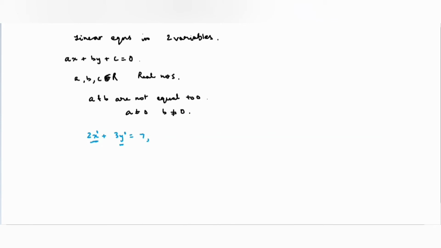Now we'll come to the graphical representation of such linear equations. We plot such equations in the xy plane. This is called the x-axis and this is called the y-axis.